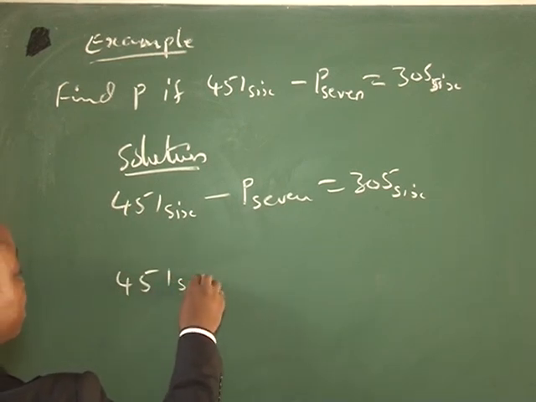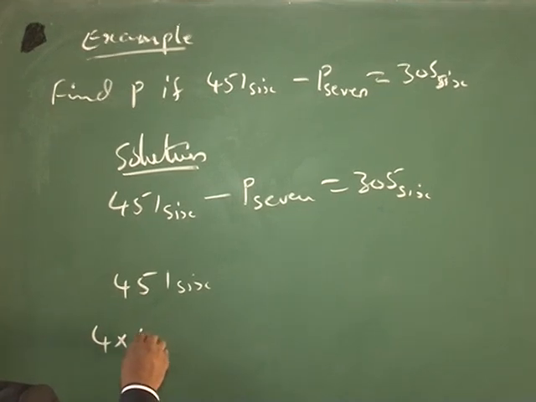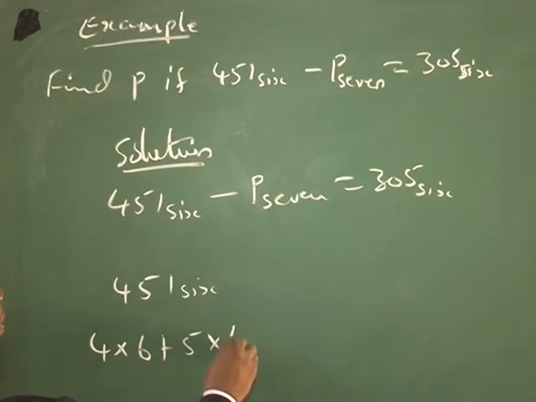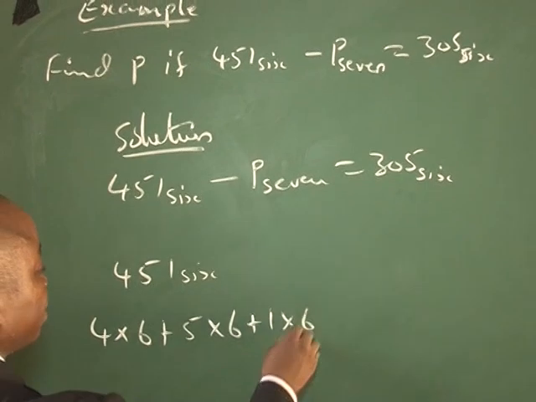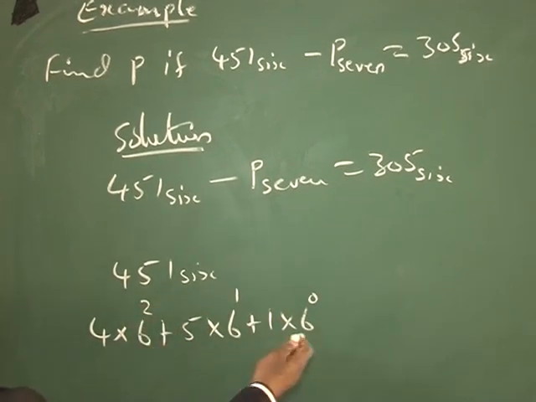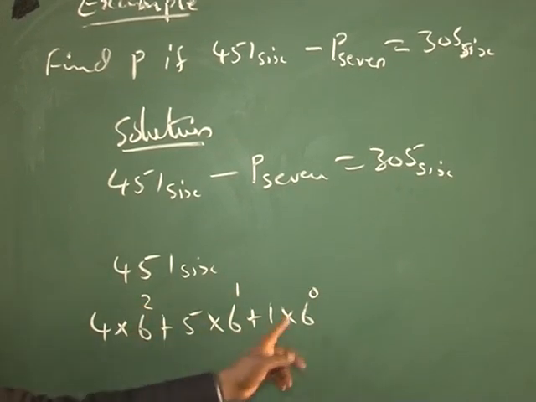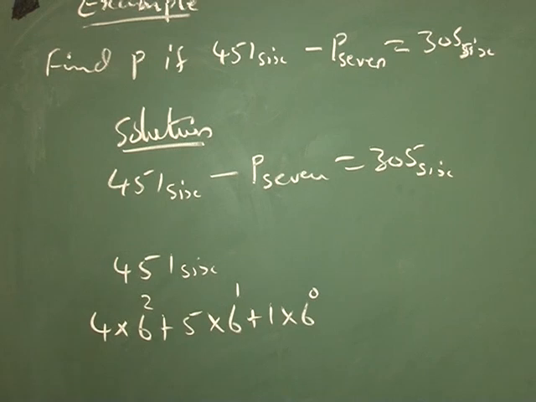451 base 6. To convert it to base 10, we have 4 times 6 plus 5 times 6 plus 1 times 6. We raise it to powers starting from 0, 1, and 2. We are raising the base as usual.